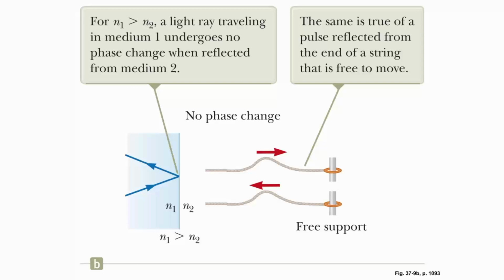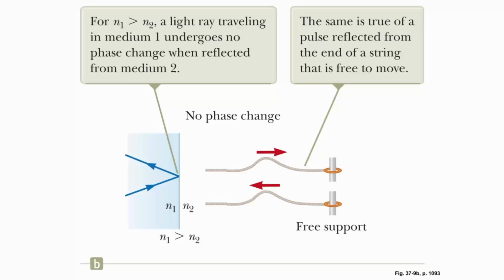If the wave encounters a boundary or a change in medium where the wave is free to wiggle, then you'll get a reflection that is in phase, or no phase change, or 0 degrees, or 360 degrees, or 2 pi. Those are all the same way of saying the same thing. There's been no phase change, even though it may have shifted a full wavelength or a full phase.